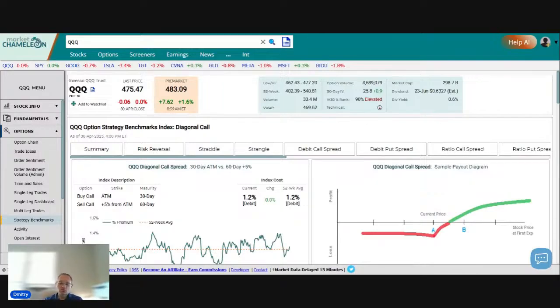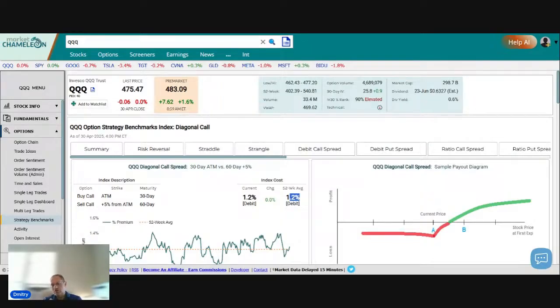You can see here it's 1.2% versus right at its historical average. So that's a quick way to look at a particular option strategy with this type of outlook.